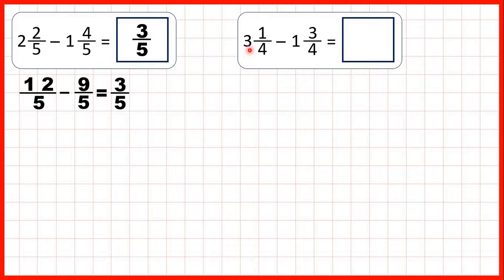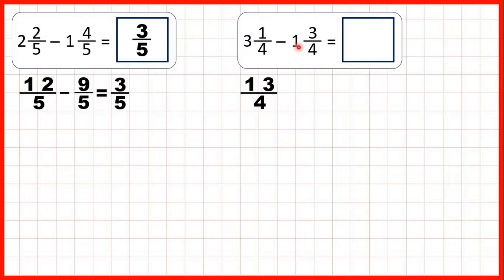Next, we have 3 and 1/4 minus 1 and 3/4. So again, we can change both of these mixed numbers into improper fractions. 3 times 4 is 12, plus 1 is 13, and remember the denominator stays the same.